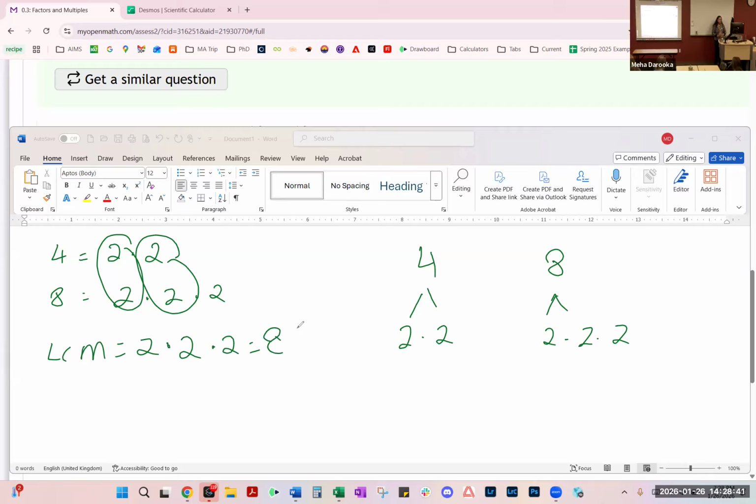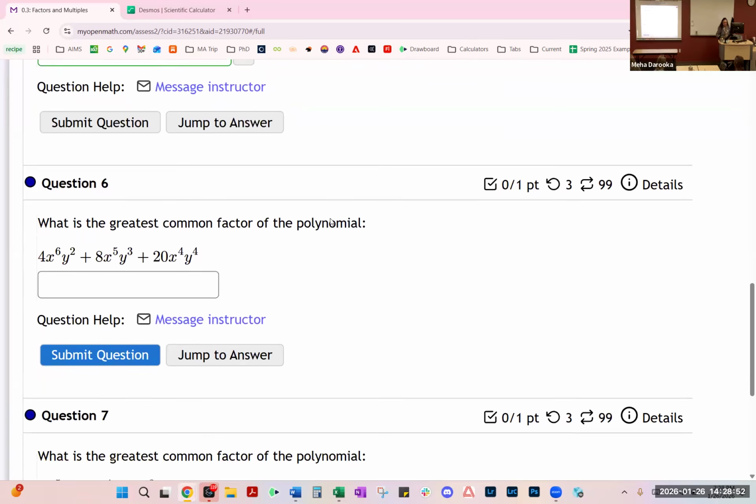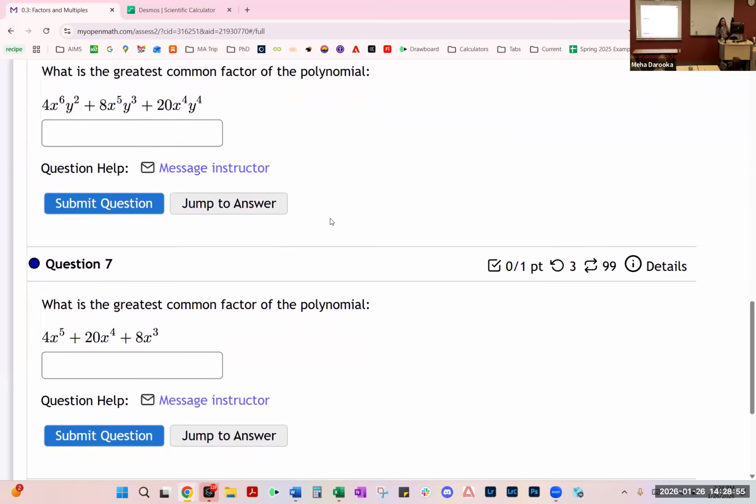Any other questions on this? Okay, all right, awesome. Now, greatest common factor goes in the other direction, because with greatest common factor, you really only want what is common.